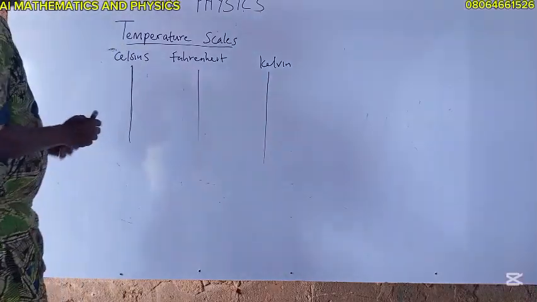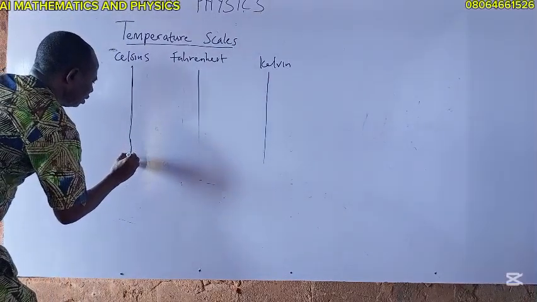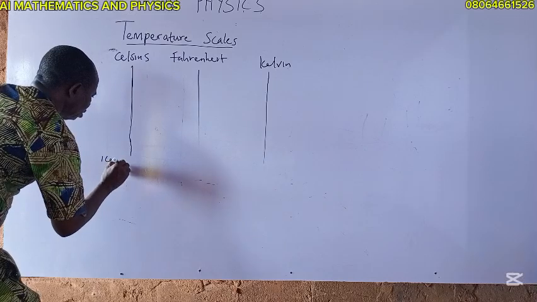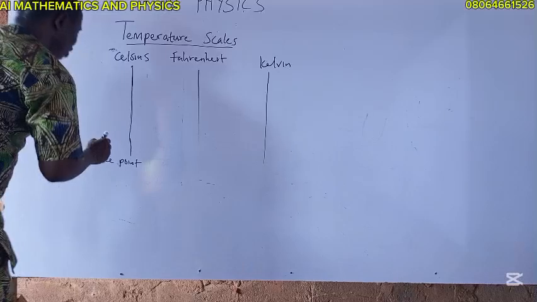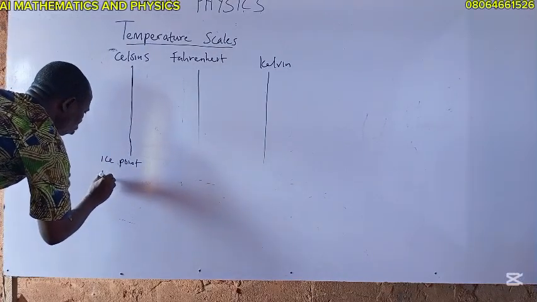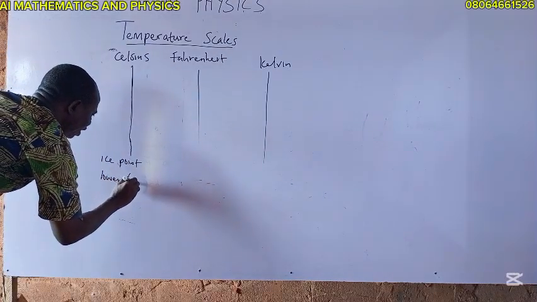So we have what we call ice points, which we can also call the lower fixed point.